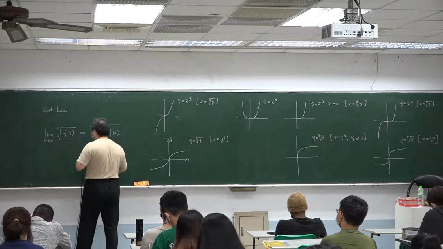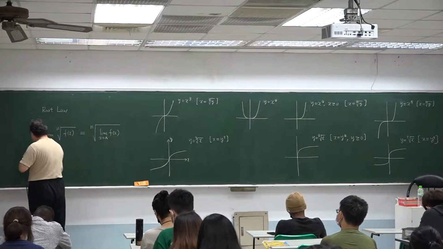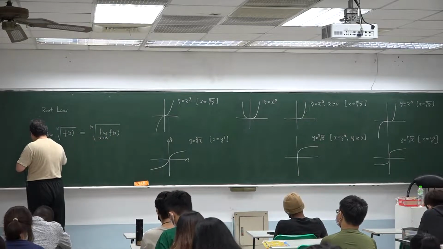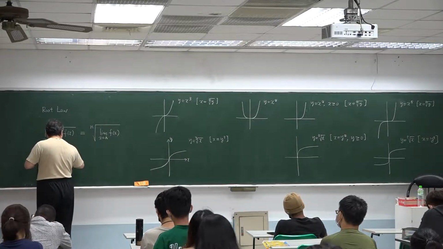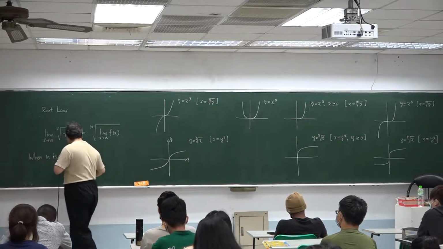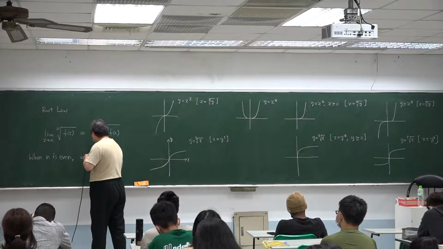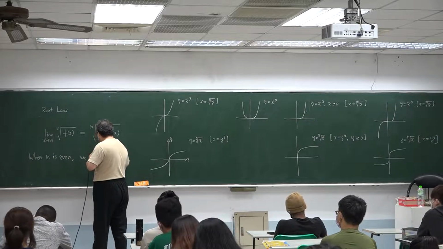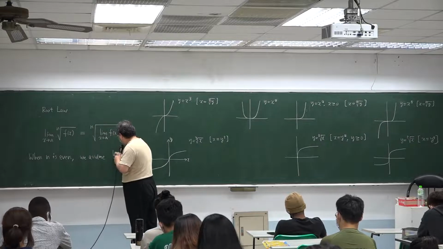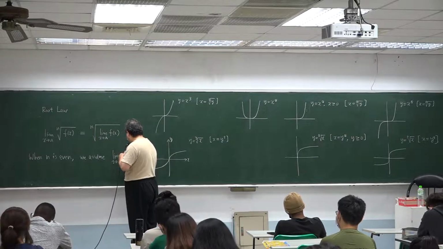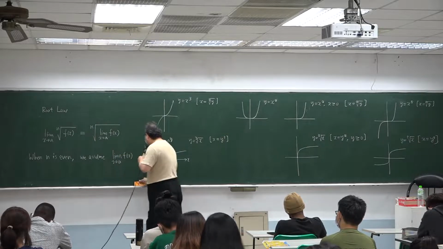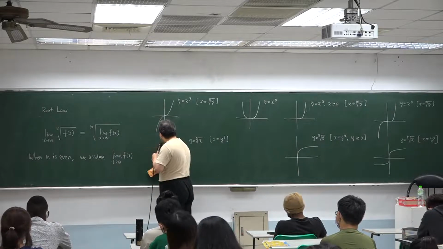Assume this limit exists, but when n is an even number, we have to assume this number is positive.